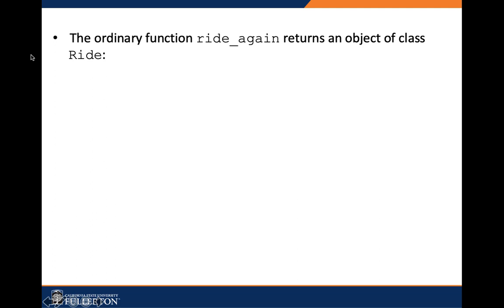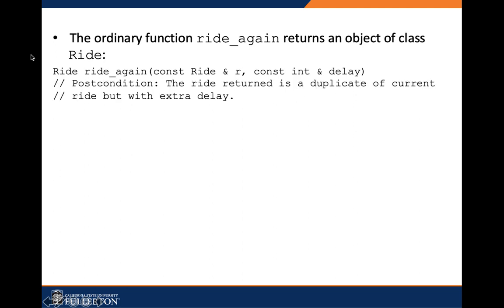The ordinary function writeAgain returns an object of class write. So the function writeAgain is an ordinary function which returns an object of type write. It has two arguments. Neither of the arguments gets changed, therefore they can be passed by const reference. And the function return is a duplicate of the current write, but with an extra delay.